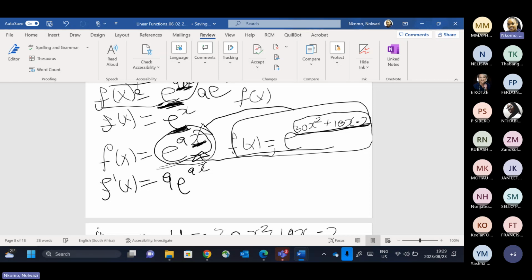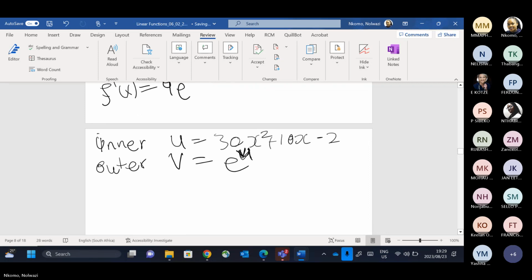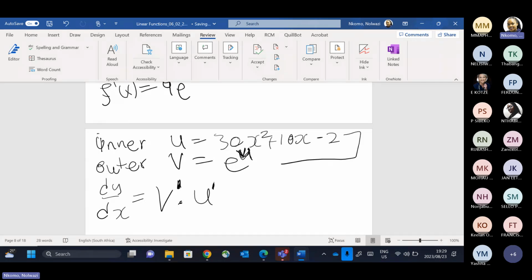Again, the chain rule is the derivative of the outer function times the derivative of the inner function, meaning your dy over dx would be v prime times u prime, right? We can find our v prime and u prime because we have u and v.